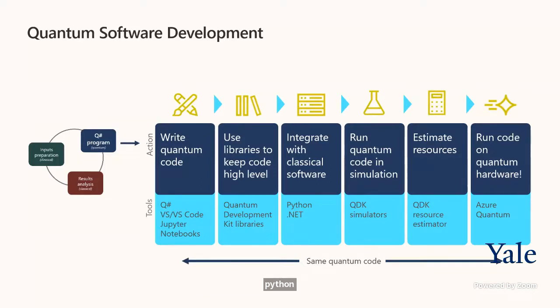Next, once you have your code written, you want to make sure that it is reasonably correct. It is a huge pain to debug code once it runs on hardware, because if you got incorrect result, it's a lot harder to figure out whether it's incorrect because of noise or because your logic is actually incorrect.